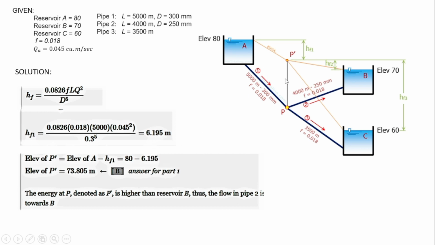Therefore, the elevation of the piezometer reading is equal to 73.805 meters. The energy at P, denoted as P prime, is higher than reservoir B, thus the flow in pipe 2 is towards B. So what we assumed is correct.